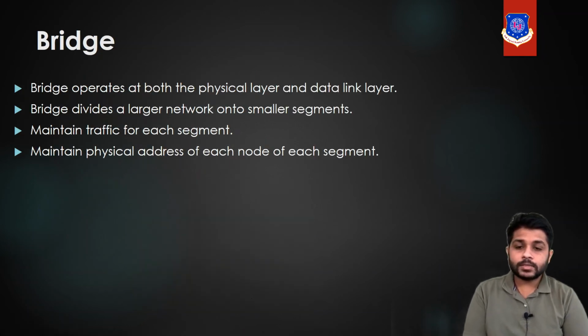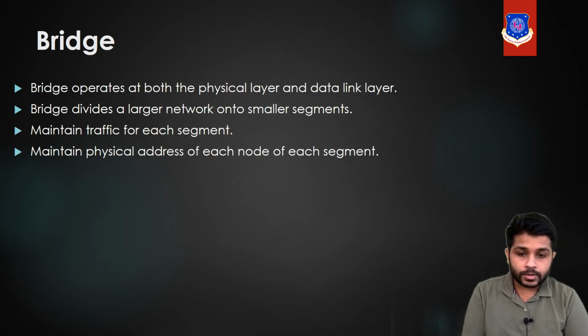Now let's see the next device, that is the bridge. The bridge operates at the data link layer. So it is a smart device, and the main function of the bridge is to divide the network into smaller segments. Because if we have created one network of large size, the complexity of the network is very high.